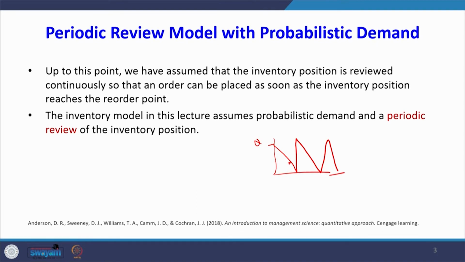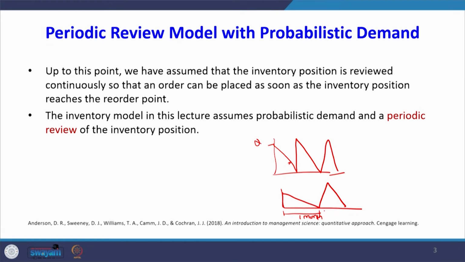In this lecture, we are going to assume probabilistic demand and periodic review of the inventory position. What is periodic review? The order cycle may be like this. Here the period may be 1 month or 1 week, like this.